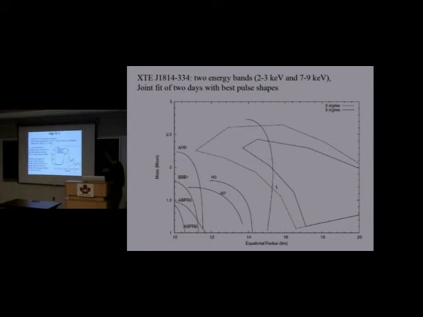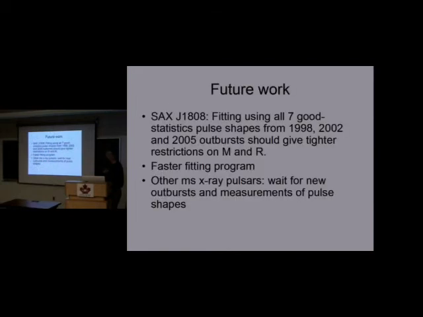But instead of just doing 2 days, we could jointly fit all 10 days. But then doing the error analysis is not feasible, and there's no point doing a fit unless you do the error analysis. So we're rewriting the code to make it more efficient so we could simultaneously fit all of them rather than just do it pairwise.